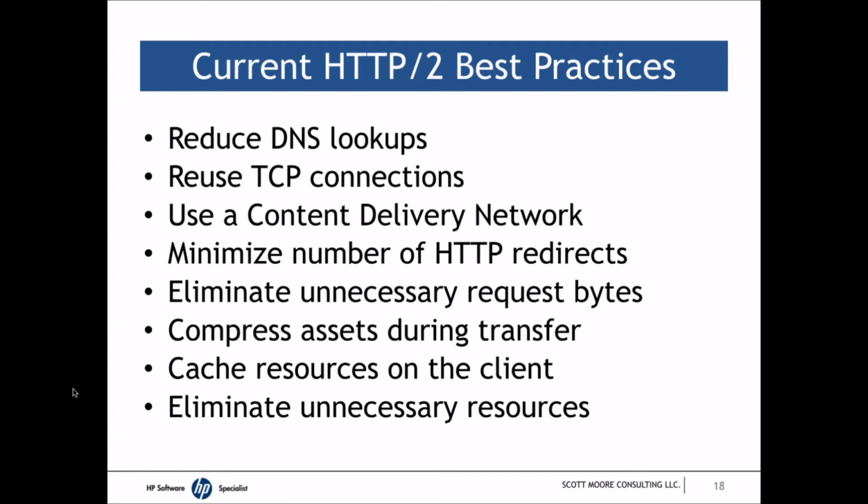Just by moving your CDN assets to H2, you get the compression at least on the headers for those files. That's a start. You may choose to implement an H2 proxy in front of your web servers so that you get the compression at least on the front end. And then when you're ready, you may decide, still without making any code changes, to fully move over to H2 with your existing code.